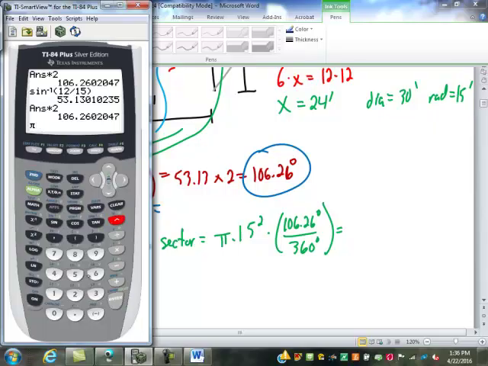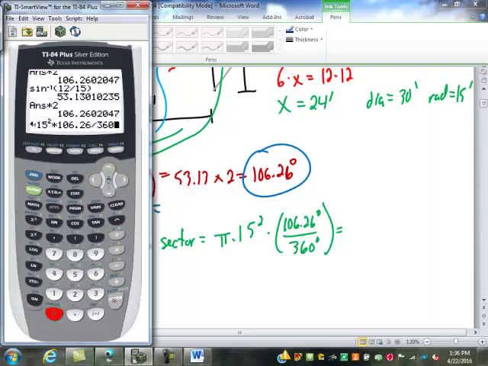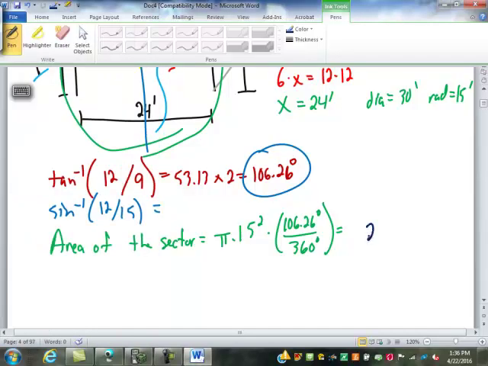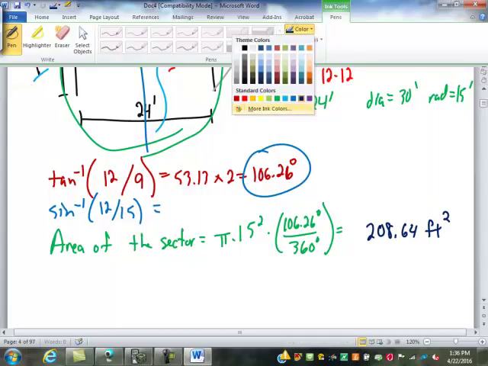So pi times 15 squared times 106.26 divided by 360, giving us 208.64 square feet. Now that's the area of the whole sector. What do we need to subtract from that?